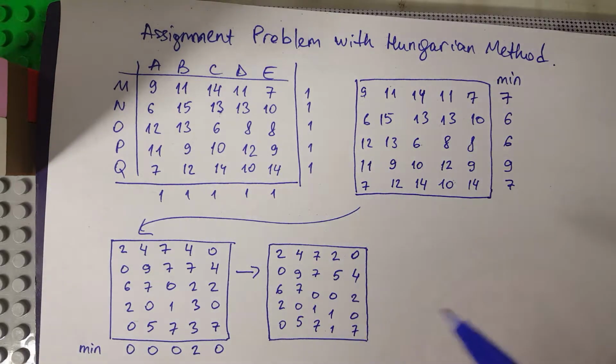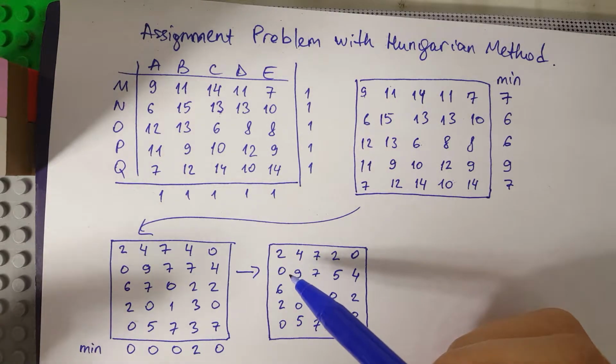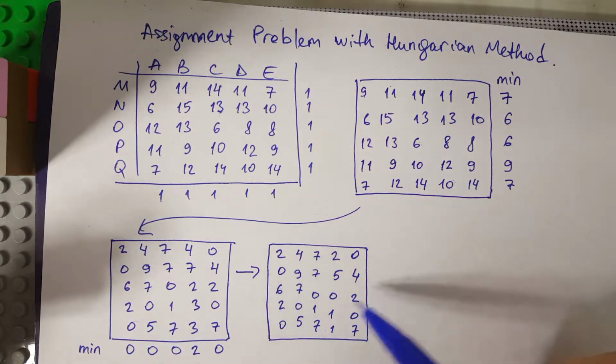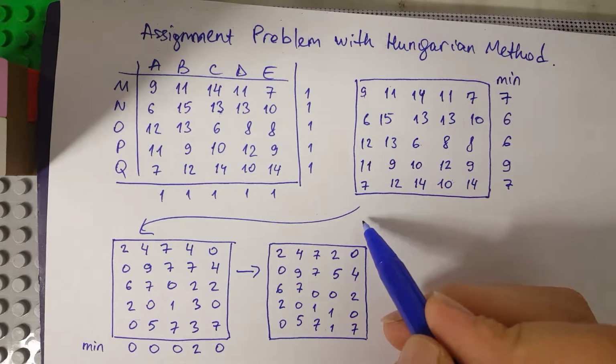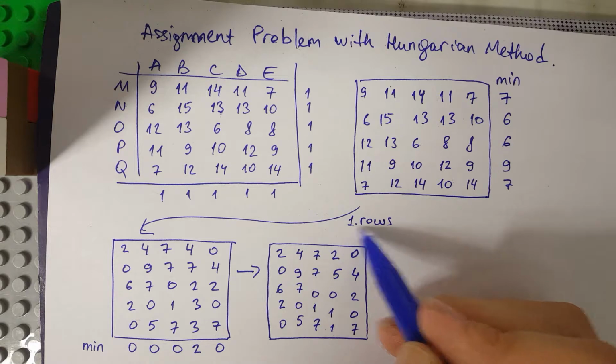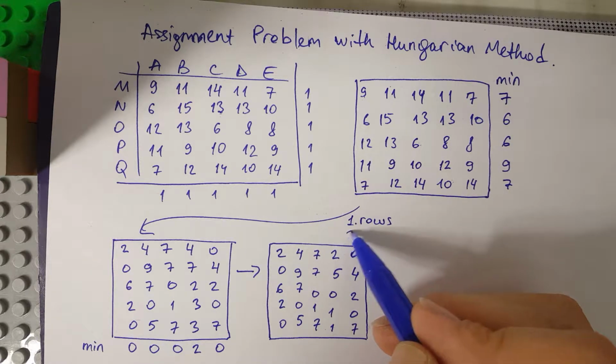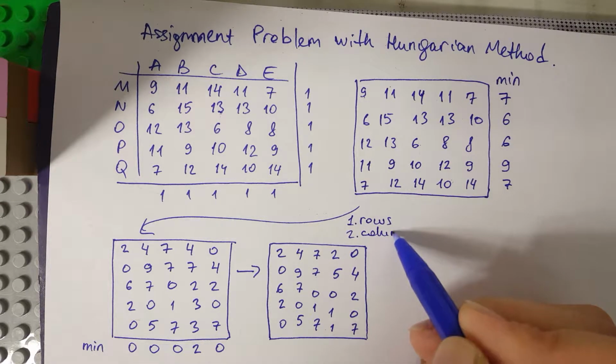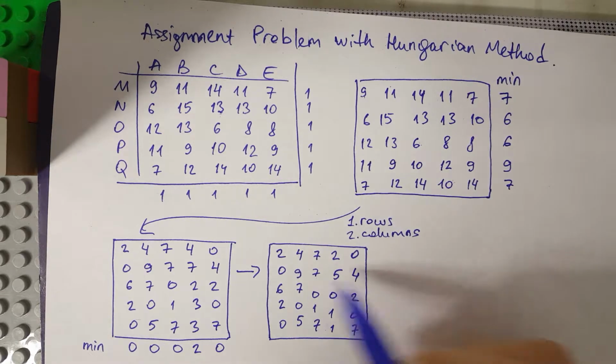Next step, we will start scanning these rows. Firstly we will scan the rows, then after scanning all the rows we will pass to the columns. While scanning we will look for zeros.